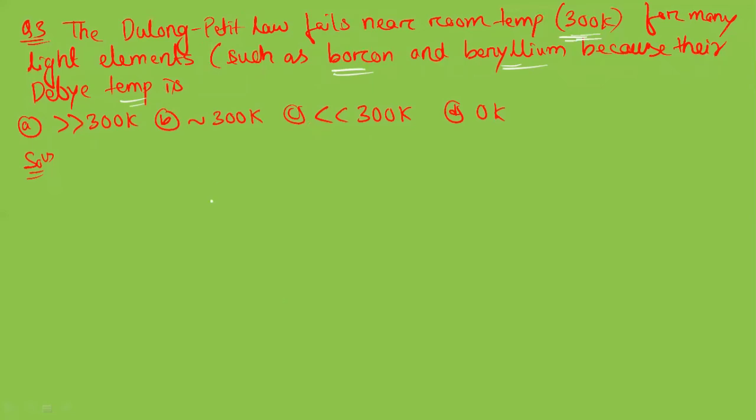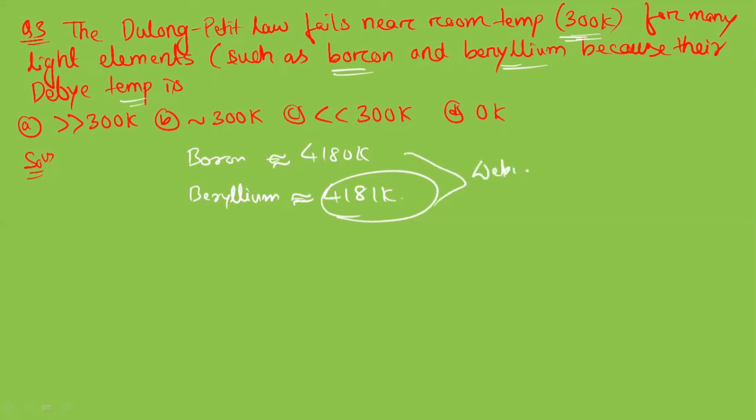If you have studied the theory part, you will know that for boron and for beryllium, the Debye temperature is, for boron, 1480 Kelvin, approximately, and for beryllium, 1440 Kelvin. Remember these are approximate values. These are Debye temperatures, and if you see, these are very much greater than 300 Kelvin.